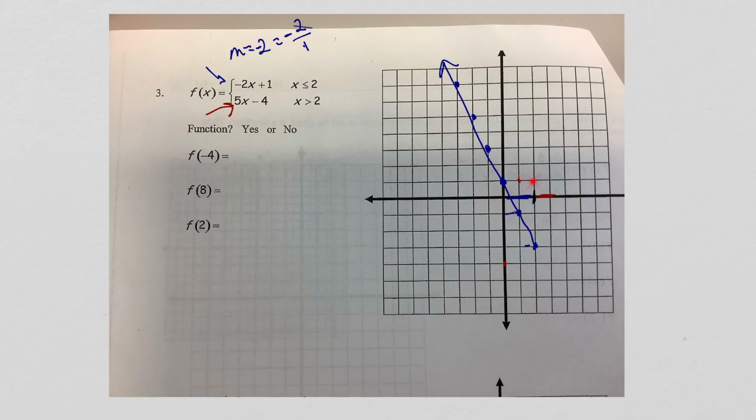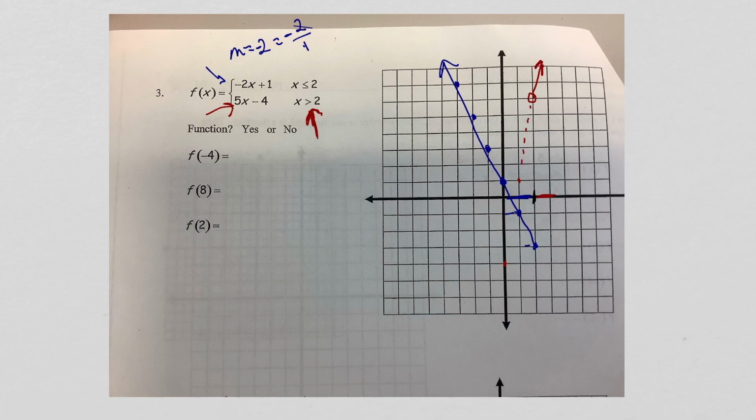And then I'm going to go over 1, up 5 more. That puts me right here. So there I'm going to put an actual open circle because of this greater than sign right here. It's not a greater than or equal to. And then from there, it keeps going. Just follows that same pattern. So you can just draw a little piece that goes up like that.